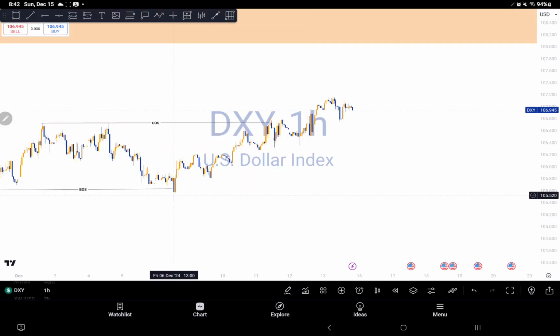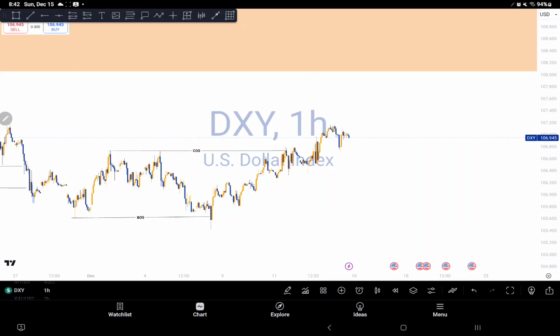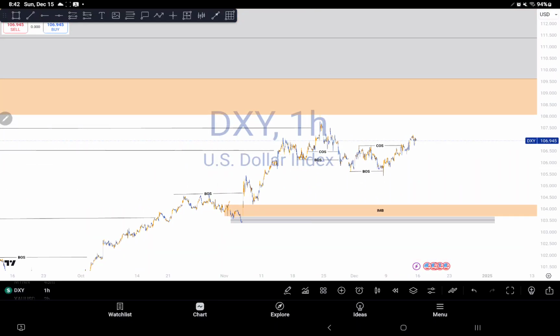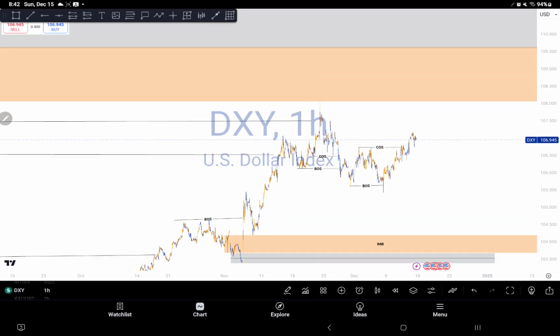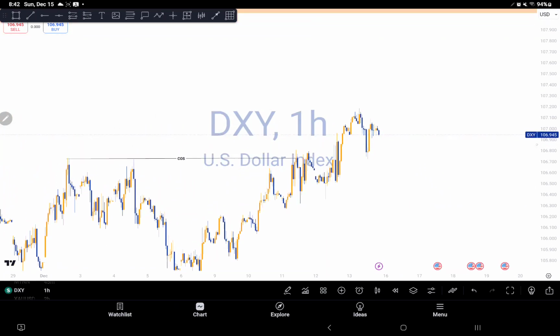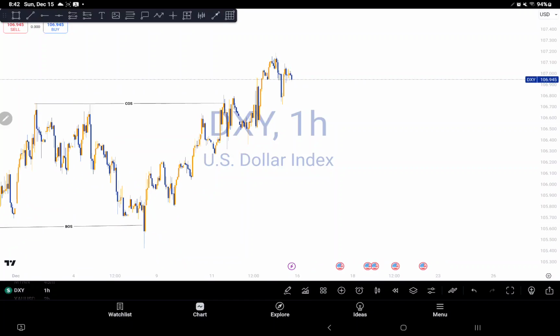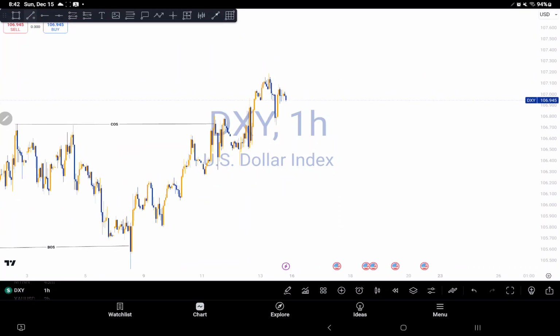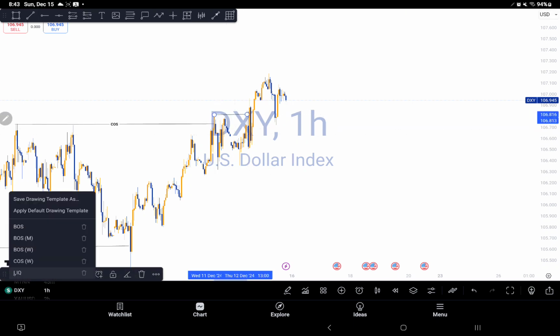Let me see my 1 hour time frame. So like I said, I still think the market is going to push to the upside. Based on that, we see the break of structure.